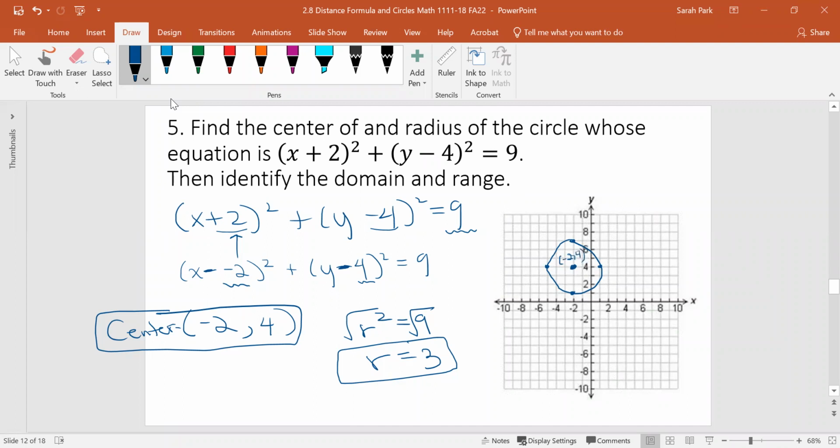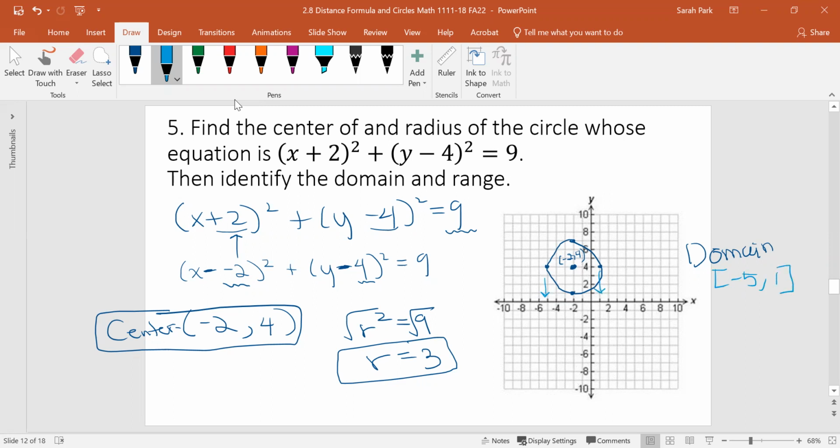And how we can determine the domain and range: what's the furthest x value that you see for this circle? If you can see here, the most left x value that we see is here, −5. And then the furthest x value is 1.